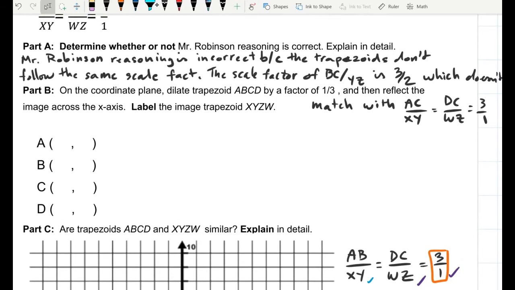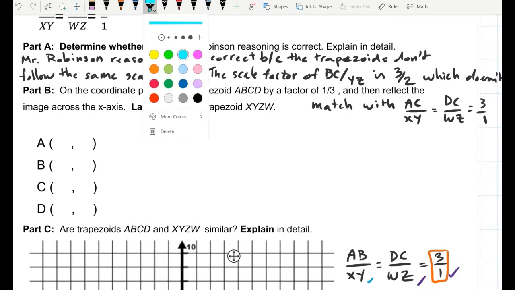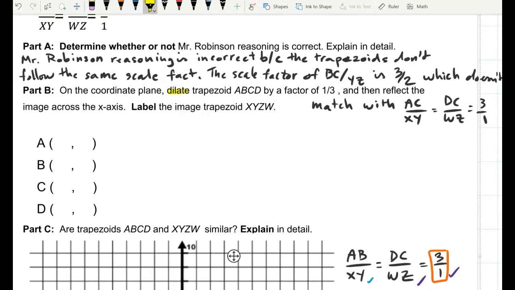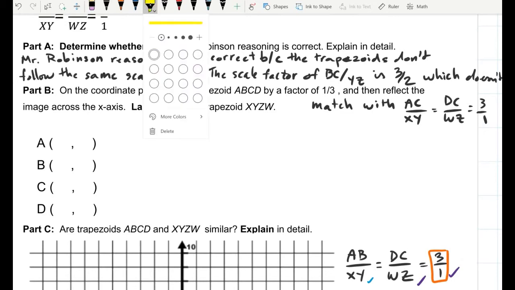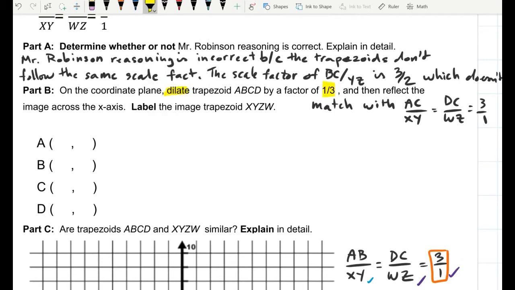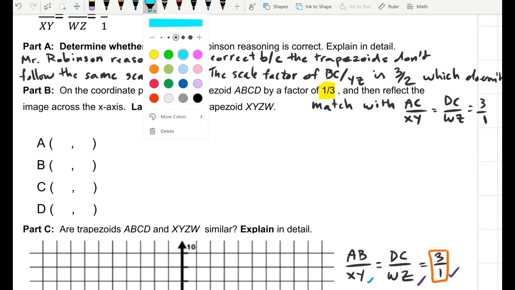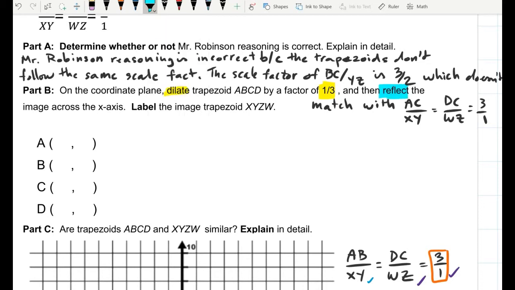Okay, part B. On the coordinate plane, dilate trapezoid ABCD by the factor of 1/3, then reflect across the x-axis. So there are two transformations here. Make sure you do both of them.